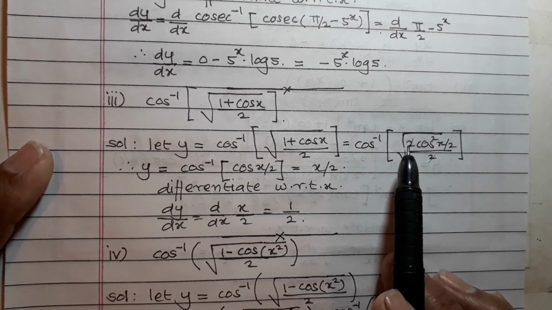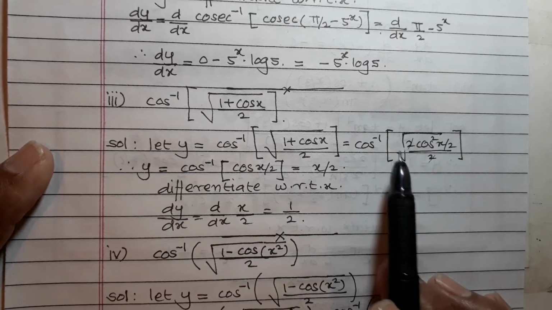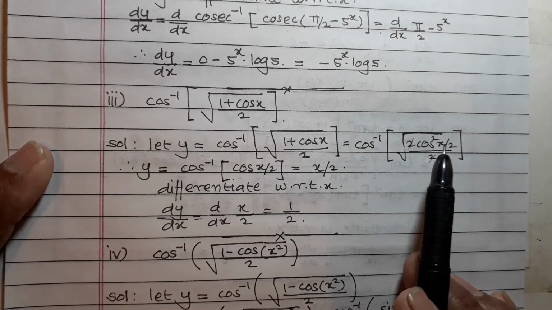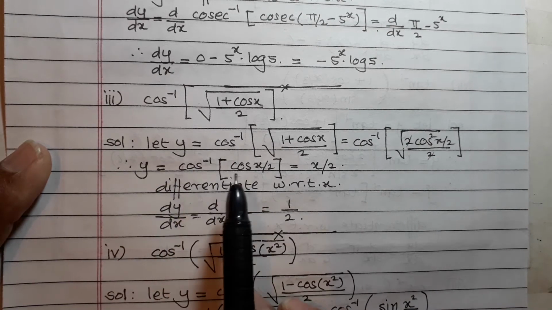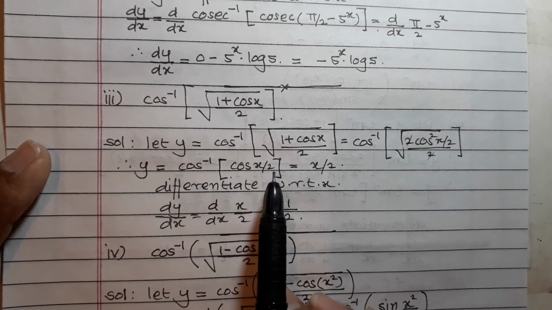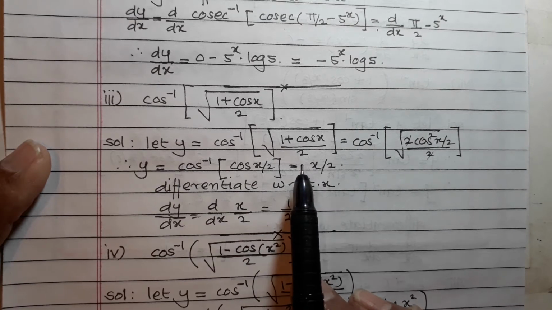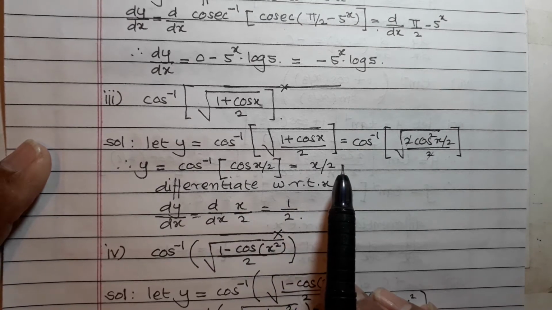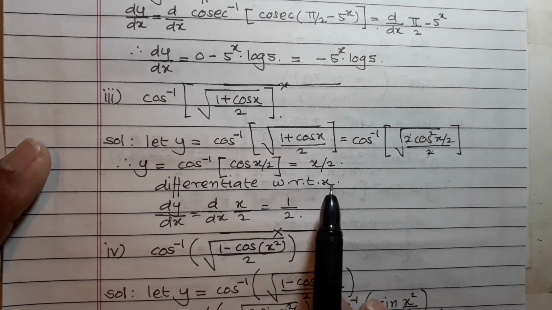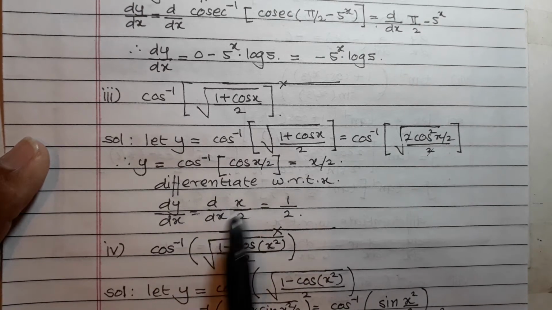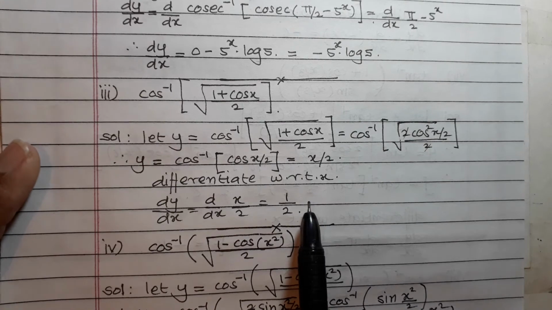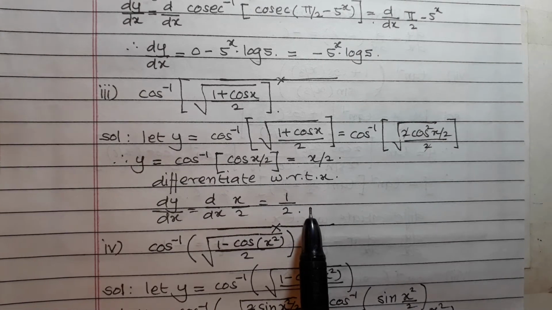This 2 and this 2 get cancelled, and this root is also omitted. So therefore y is equal to cos inverse cos x upon 2, and therefore y is equal to x upon 2. Differentiate with respect to x. dy/dx is equal to d/dx x upon 2, and that is equal to 1 upon 2.